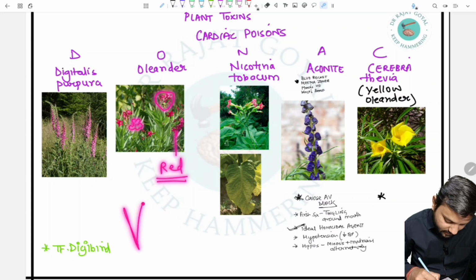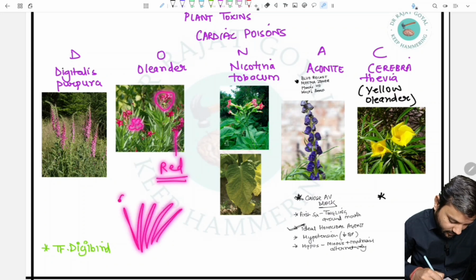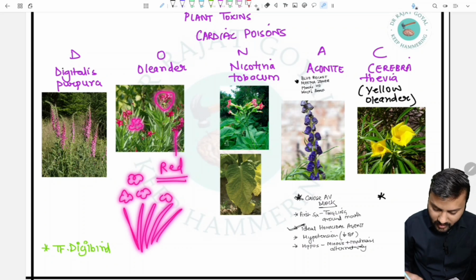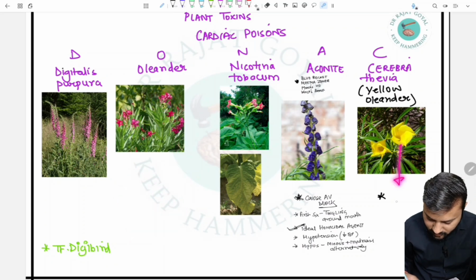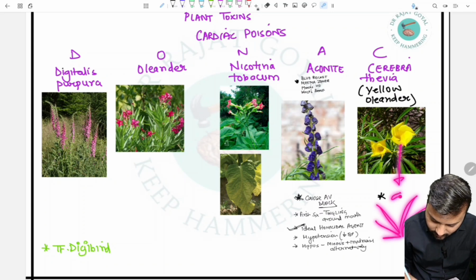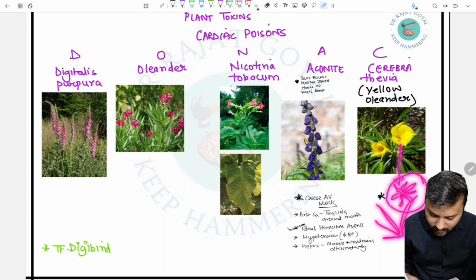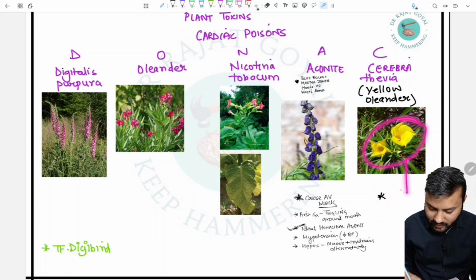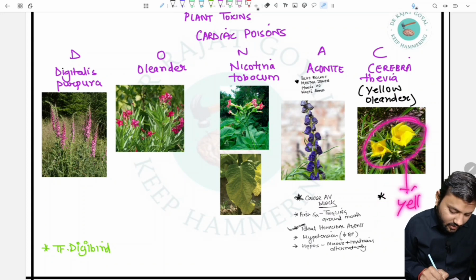The leaves are like this, and the flowers are very normal, like other flowers. Similarly, in the yellow oleander the leaves are similar to the red oleander, but yellow flowers are there, so we can identify that it is a case of yellow oleander, and if it is red, then it is a red oleander, and both are cardiac toxins.